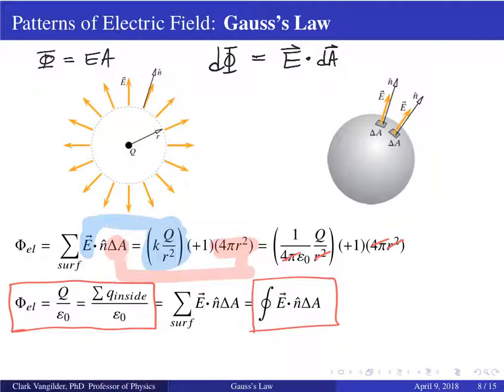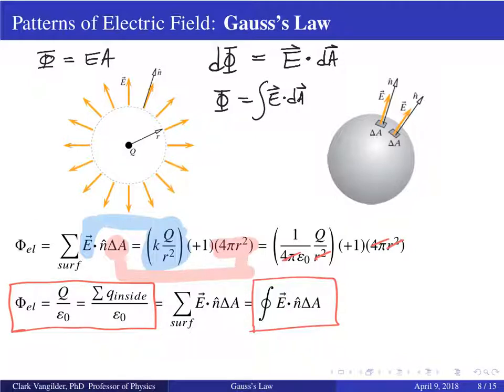So that means if I were to integrate, flux would just be the integral of these two vectors, these two E and dA vectors, if you will. And of course, if you're talking about a dot product, then you're talking about magnitudes being multiplied together. So every dot product means do the magnitude times the cosine of the angle between them.